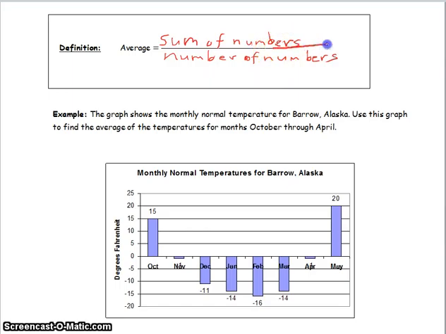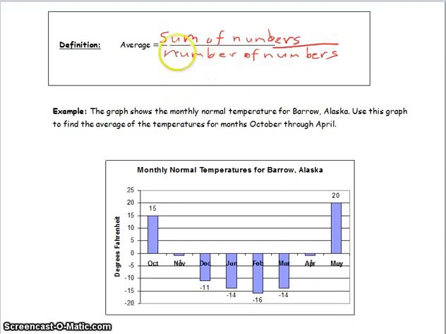Let me extend this division bar, this fraction bar. It's the sum of numbers divided by the number of numbers. I still have to get used to writing with this tablet pen.